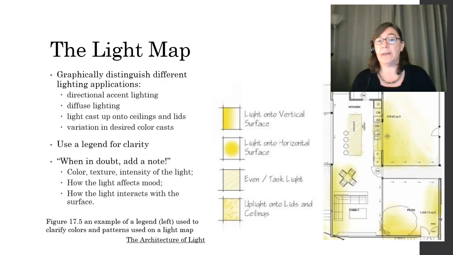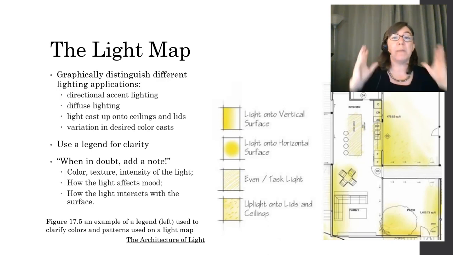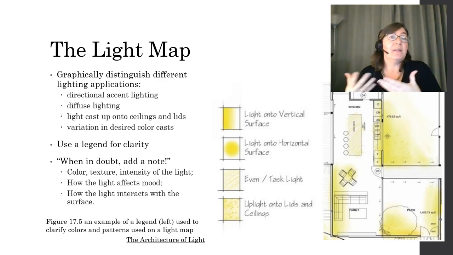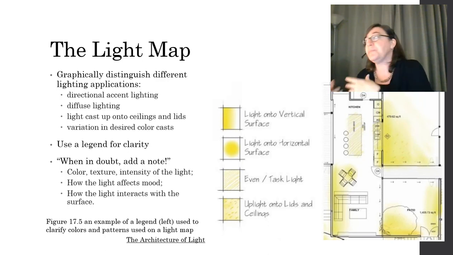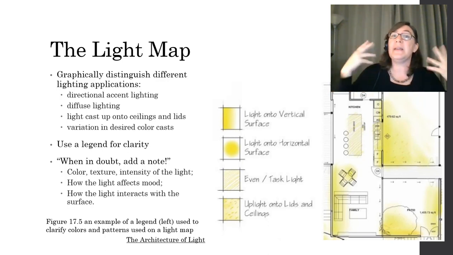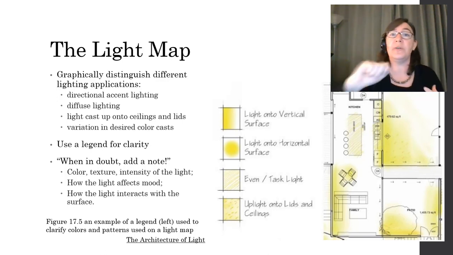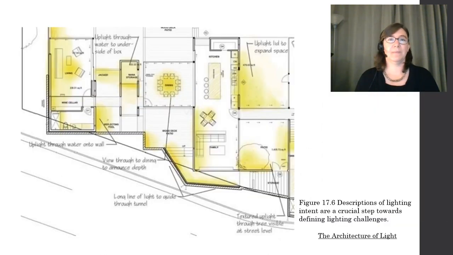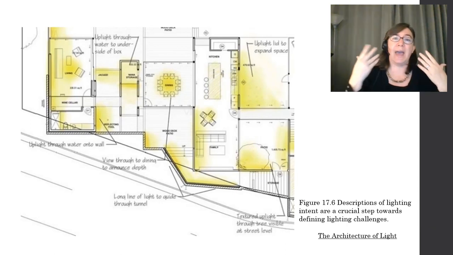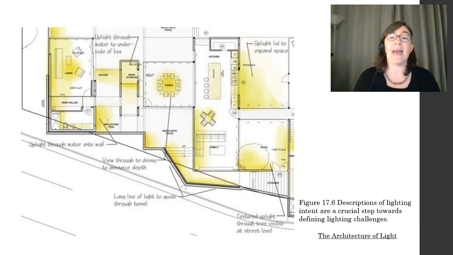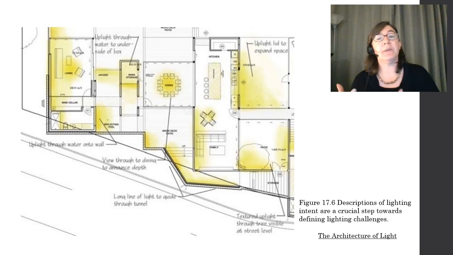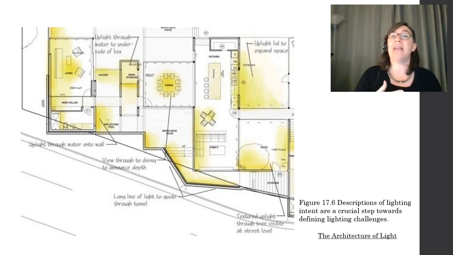You could annotate how the light is supposed to affect the mood, or how the light interacts with the surface. Remember, this light map is communicating all of the ideas that you have in your head, and you can do it with color, you can do it with pattern, or you can add a note. Here's that example of a light map for a residence again, and they've added some descriptions of the lighting intent.